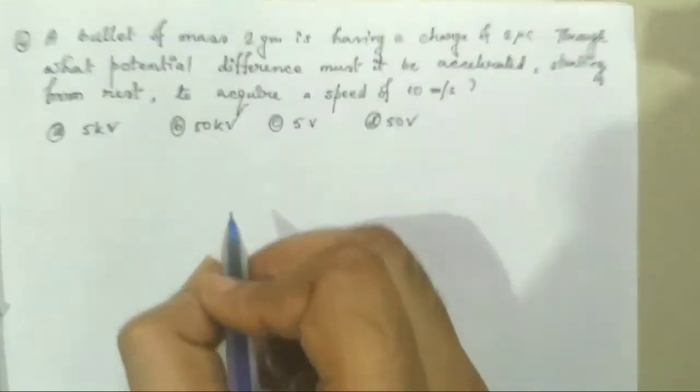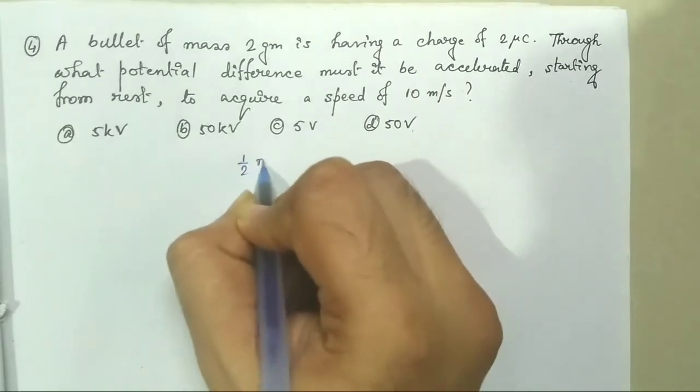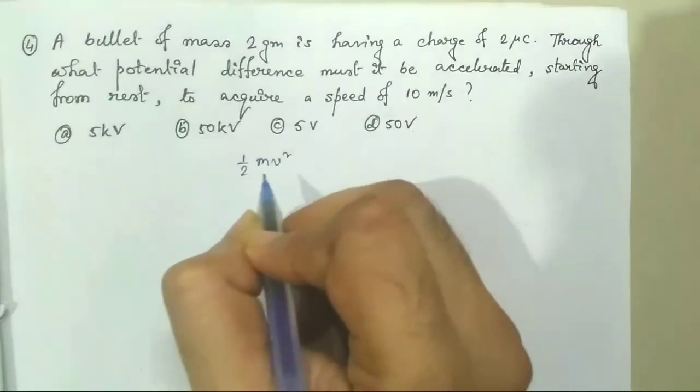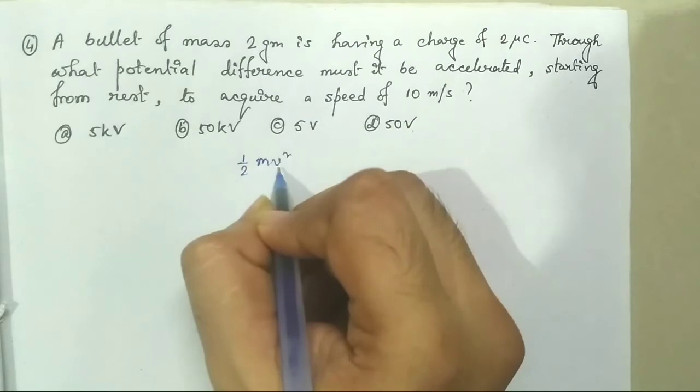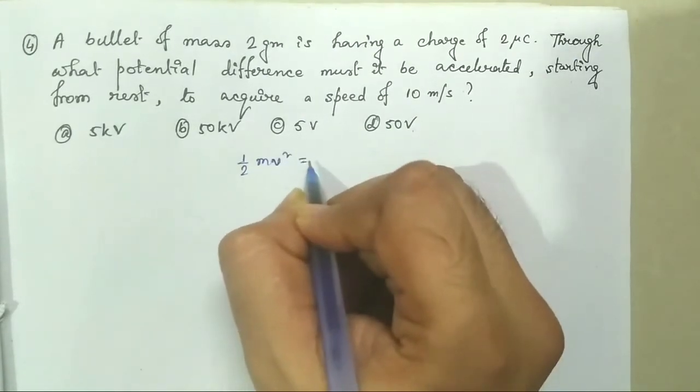Now the kinetic energy of the bullet is given by half m v square, where m is the mass and v is the velocity of the bullet.